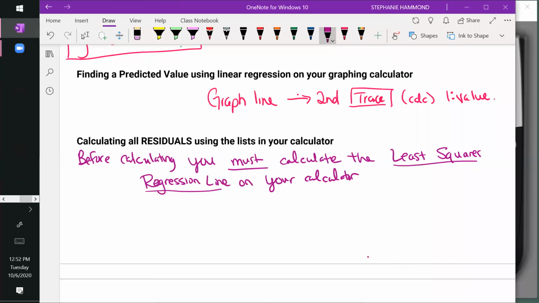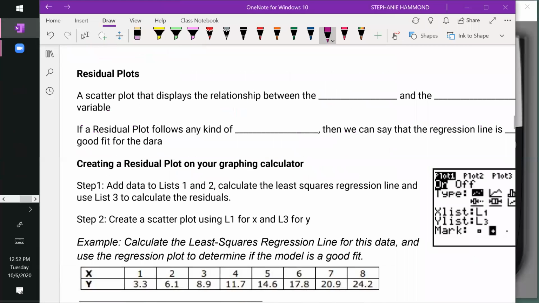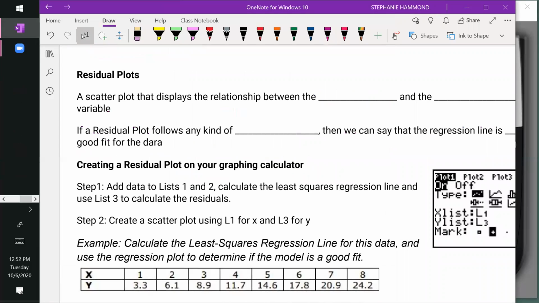Let's see what's next. Residual plot. Okay, so a residual plot is a scatter plot that displays the relationship between the residuals and the explanatory variable, x.